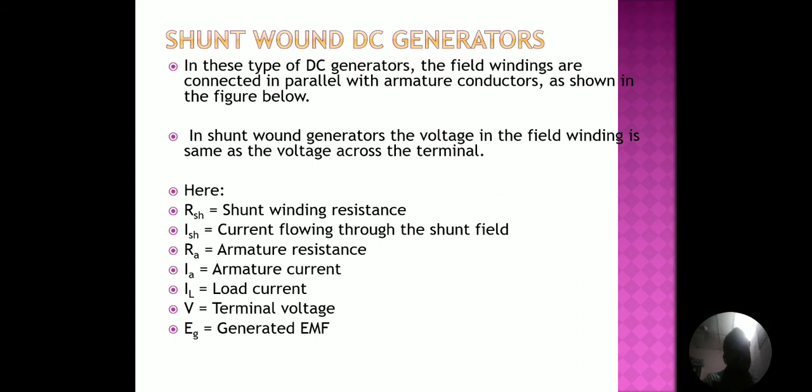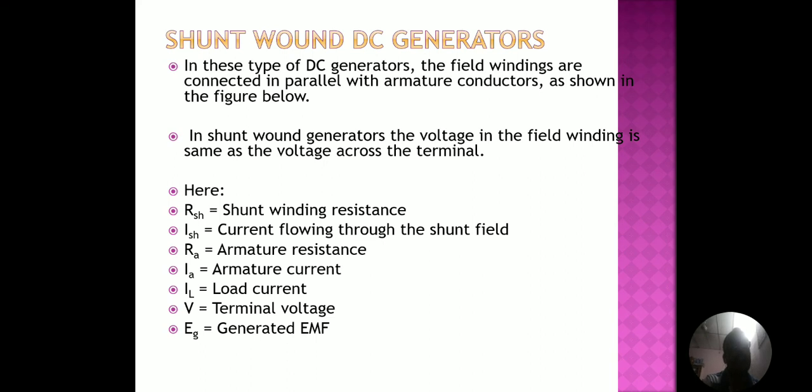And the second one in this type of generators is the shunt wound DC generator. In this type of DC generator, the field windings are connected in parallel with the armature conductors as shown in the figure.